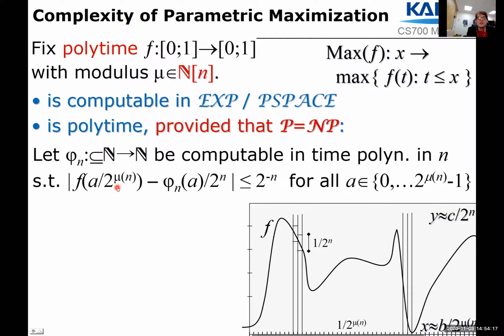So the very definition for a function to be polynomial time computable means that there exists such a transformation from natural numbers to natural numbers, namely transforming numerators of dyadic rational approximations of this order into numerators of dyadic rational approximations of this order up to this error, where the numerator now ranges from 0 to 2 to the mu of n minus 1. That's the largest possible value because our domain is the unit interval.